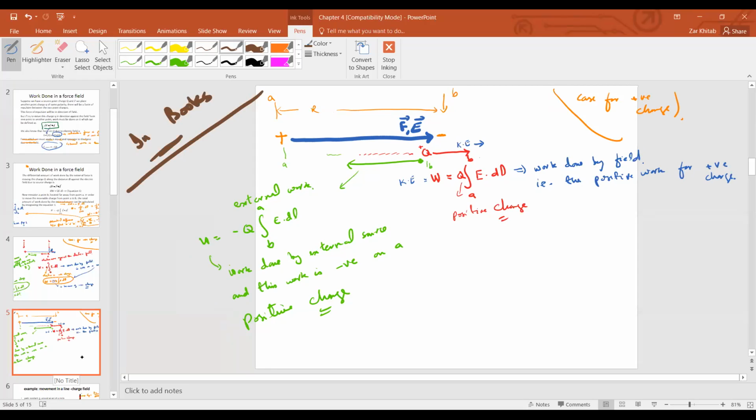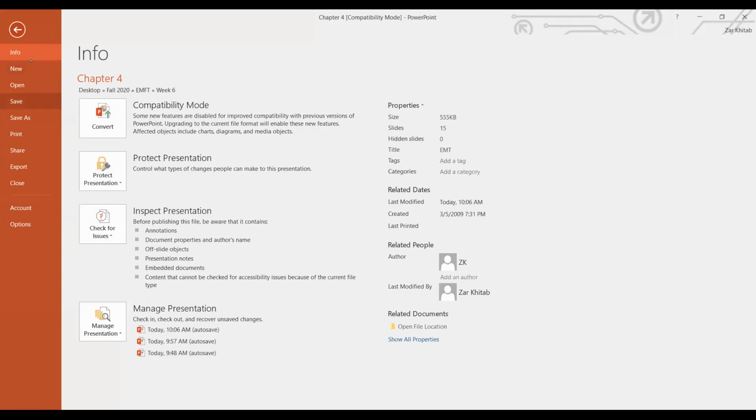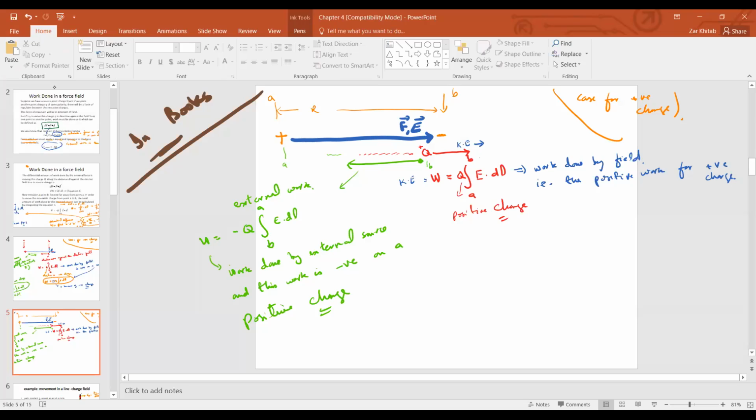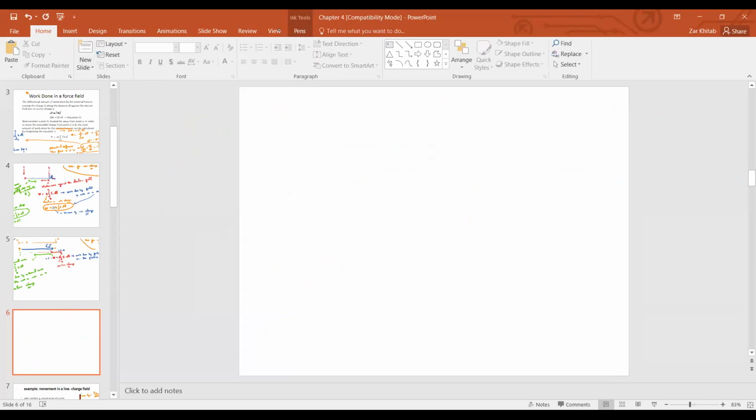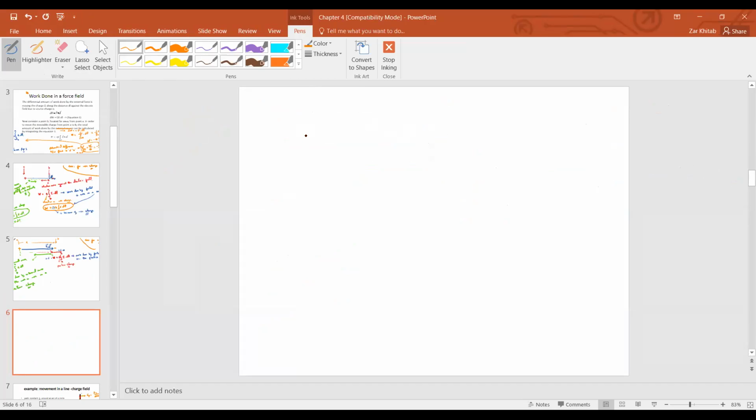So what's the whole idea? The whole idea is, say this is V plus, and say this is V minus.